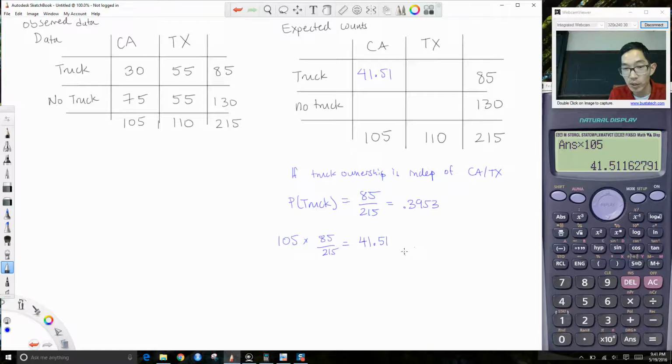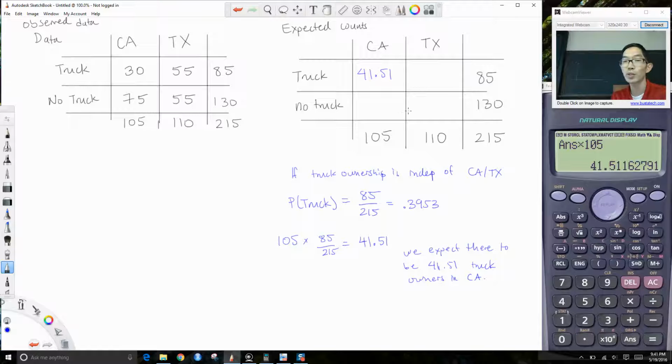So we expect there to be 41.51 truck owners in California. Does that make sense? And I could apply that and get every other number here.